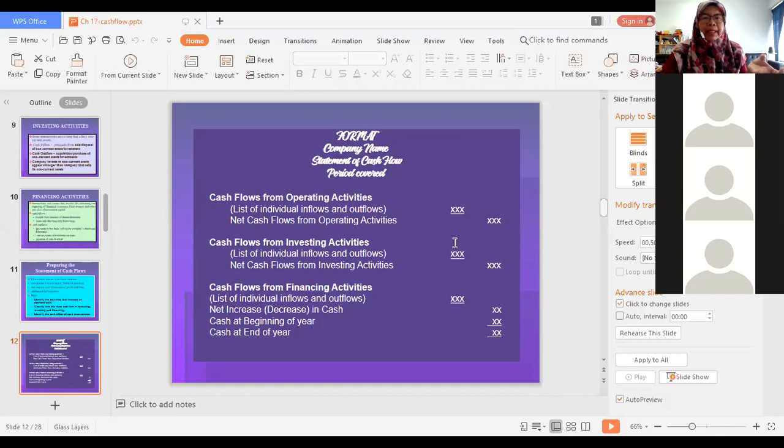Now when we purchase, meaning our money is going out. So when money is going out, you have to put a bracket here to identify that it is a negative amount. And then, proceeds from disposal of non-current asset. Now, when we bought the non-current asset, our intention is not to sell, but to use it. But sometimes our non-current asset is not so efficient, so we decide to sell it.